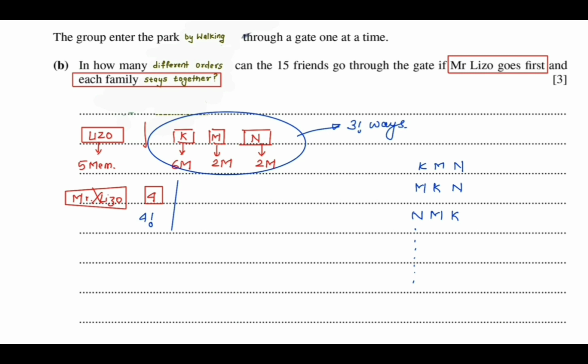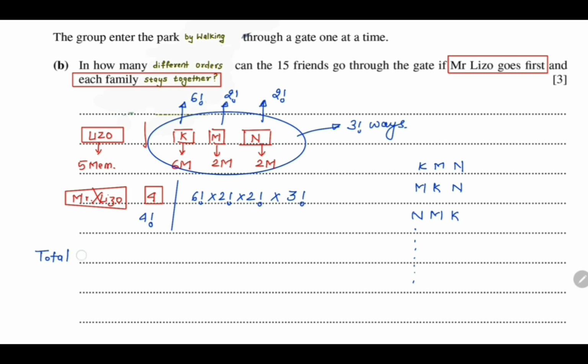Each family can enter. For example, the Kenny family can enter in 6 factorial ways, the Martin family can enter in 2 factorial ways, and the Nentis family can enter in again 2 factorial ways. So the total number of ways together is 6 factorial into 2 factorial into 2 factorial into 3 factorial.